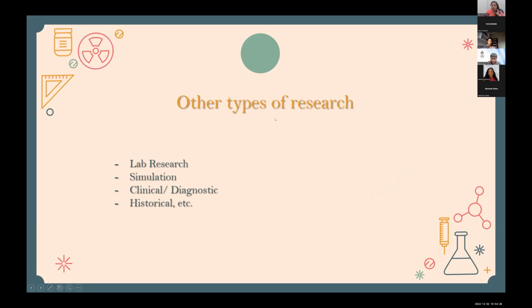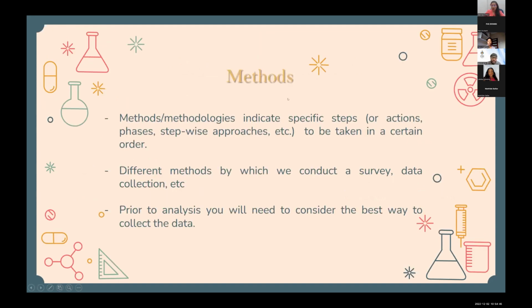Now, there are also other types of research: lab research, simulation, clinical diagnostic, historical, and so forth, right? There are lots of other types of research, but I've tried to cover those which are the most commonly used.